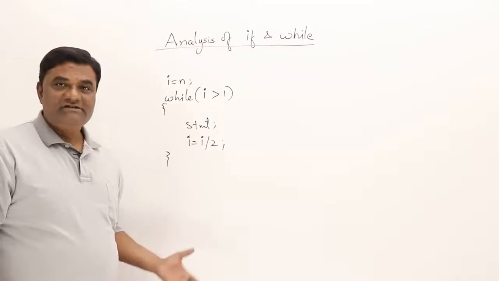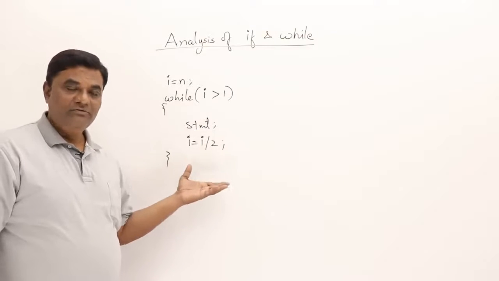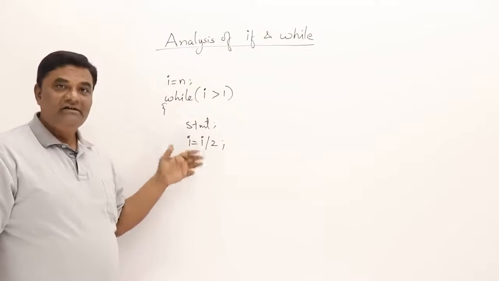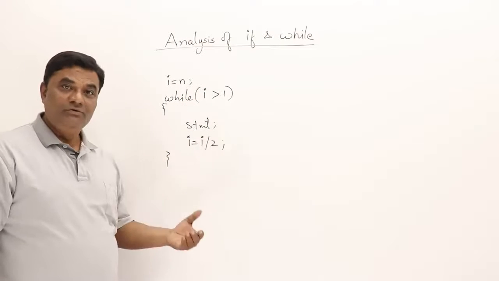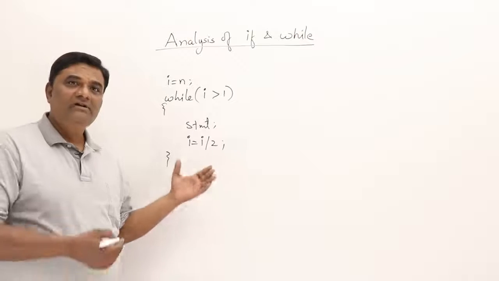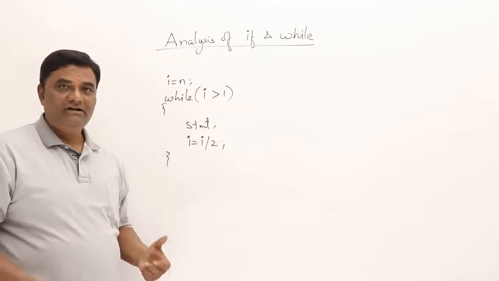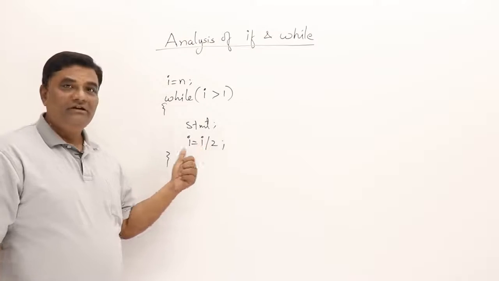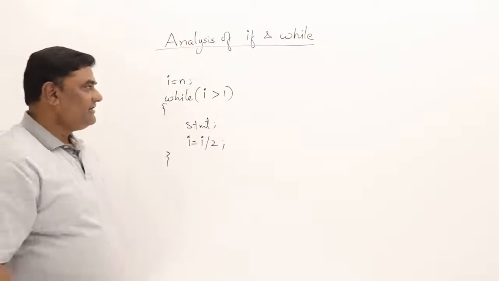Let us take one more example. Again a loop is there, while loop, and in this while loop i is starting from n and i is getting divided by 2 every time. So again the time will be log n. I made it as a formula already in the previous video. So this will be log n, and the same thing can also be done using for loop.